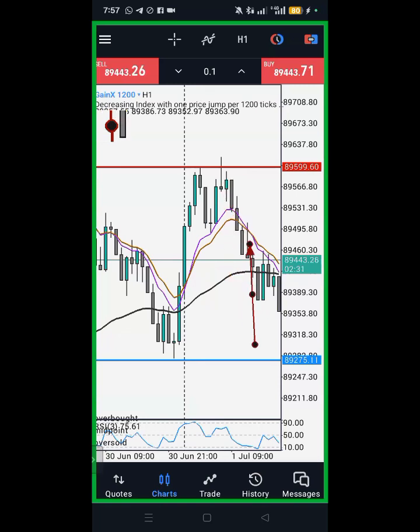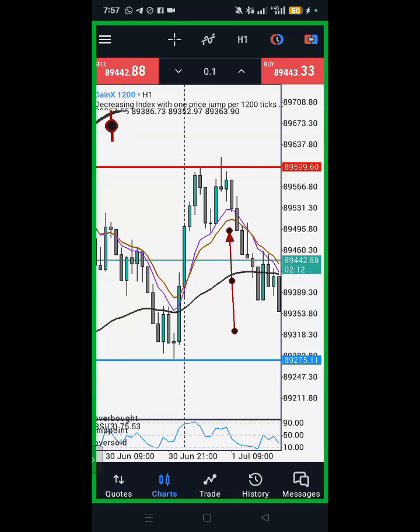But look at when you are getting the confirmation on moving average at this point, where there is a cross. Remember yesterday somebody was asking what is a signal? How do you know when to enter using moving average? I told you when the faster moving average, which is 9, this purple color, and the one which is gold is 13.